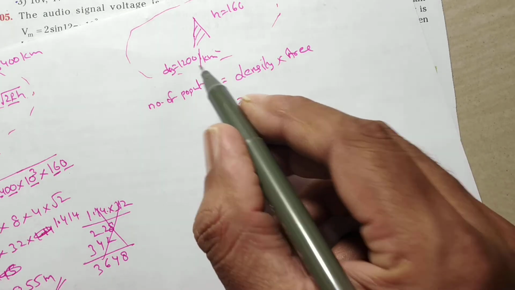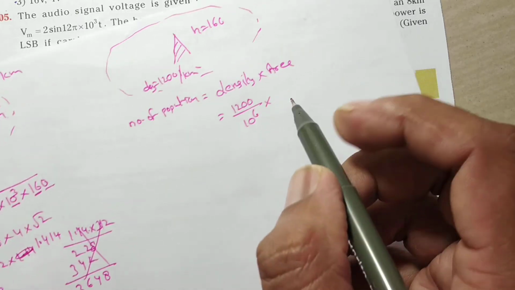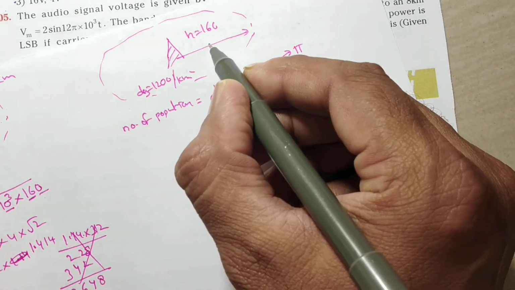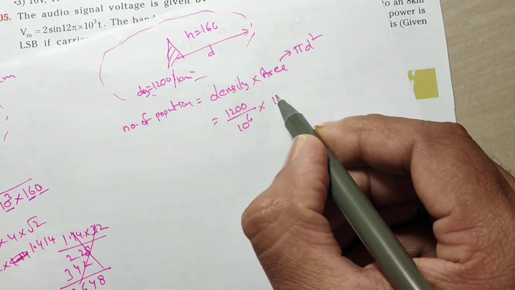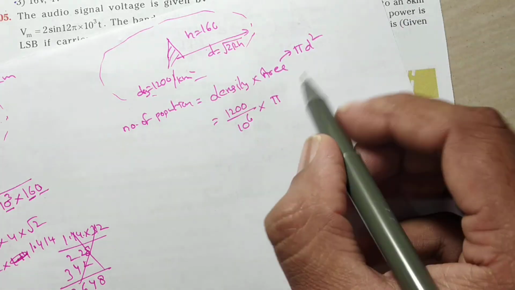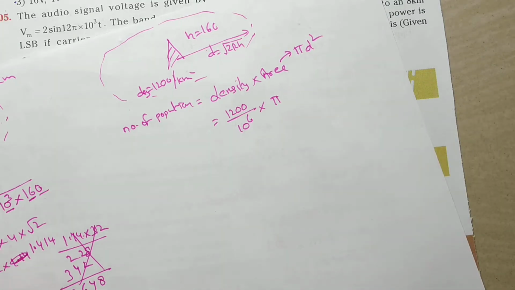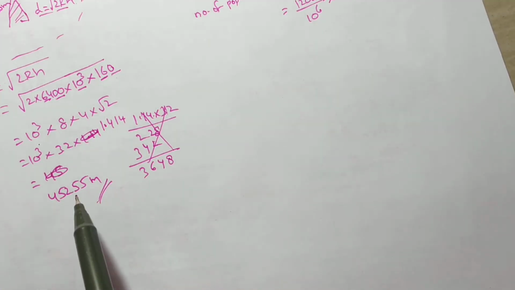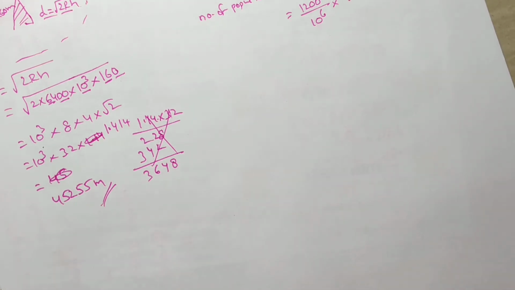Density is 1200 per kilometer square, that means 10 to the power of 6. Area means pi d square, if d is the distance. That means pi into d square, where d means square root of 2RH.